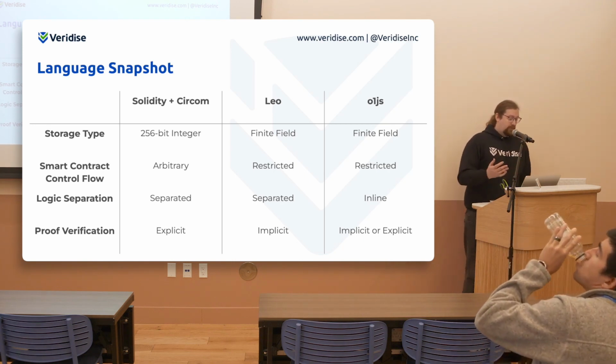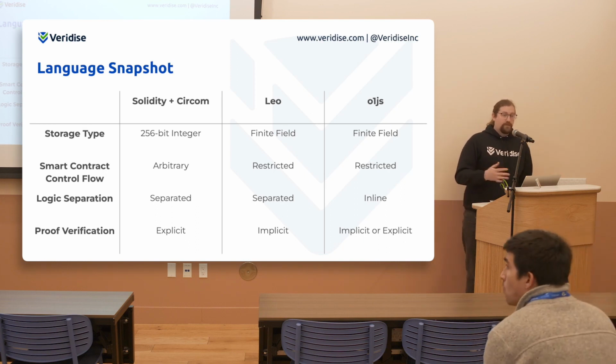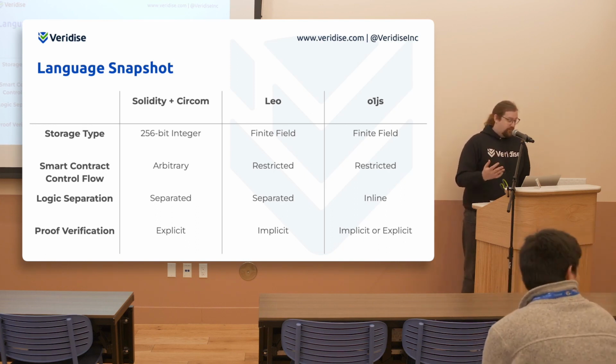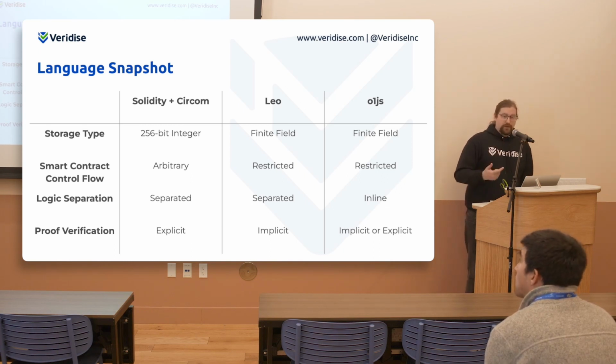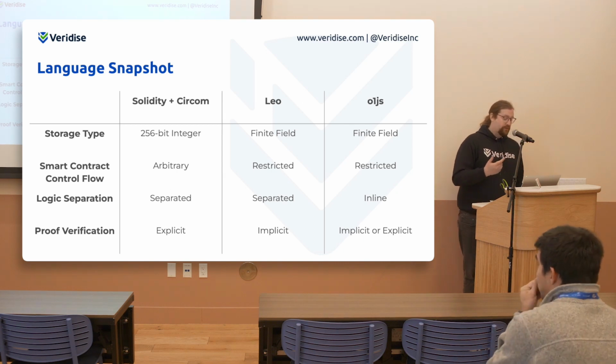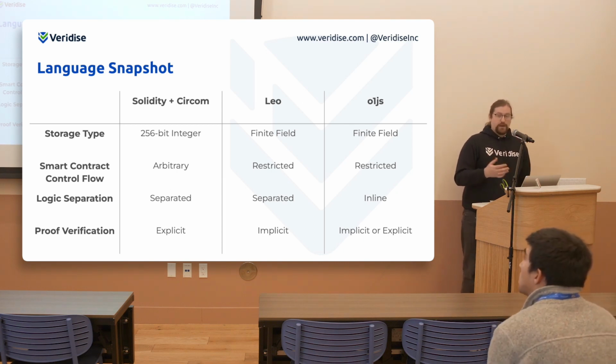But essentially for Leo, the important thing is the base storage type that they use is a finite field. Because they are building on top of zk circuits and they want you to express everything in a single contract, their control flow is restricted, meaning that Aleo still doesn't have arbitrary looping behaviors, even in their smart contract.